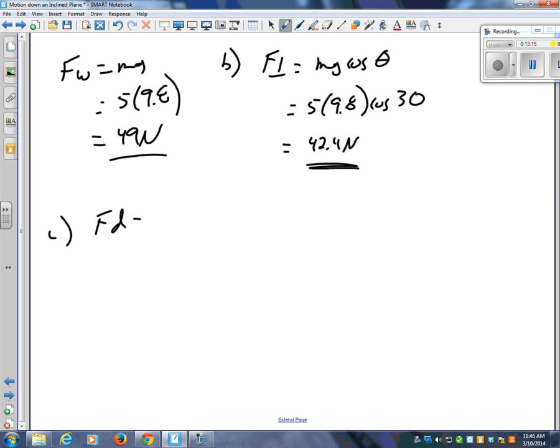FD is mg sine theta, which is 5 times 9.8 times the sine of 30, 24.5.